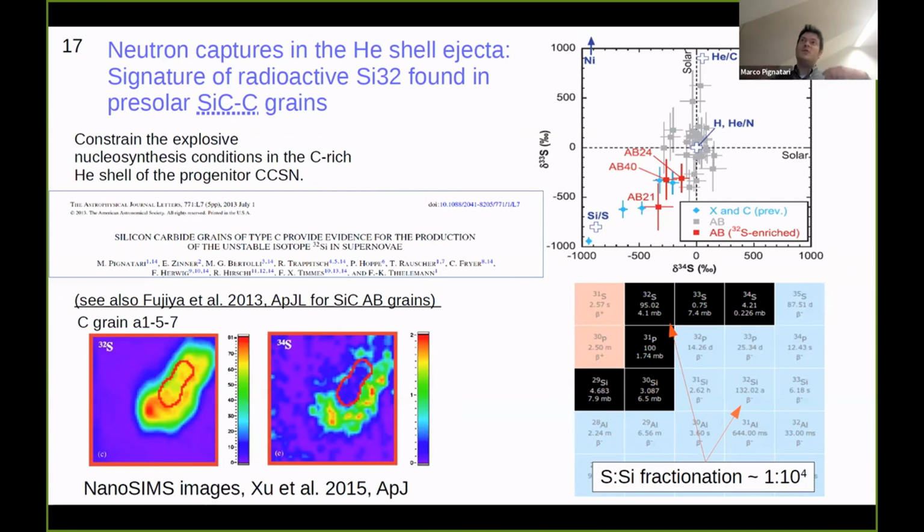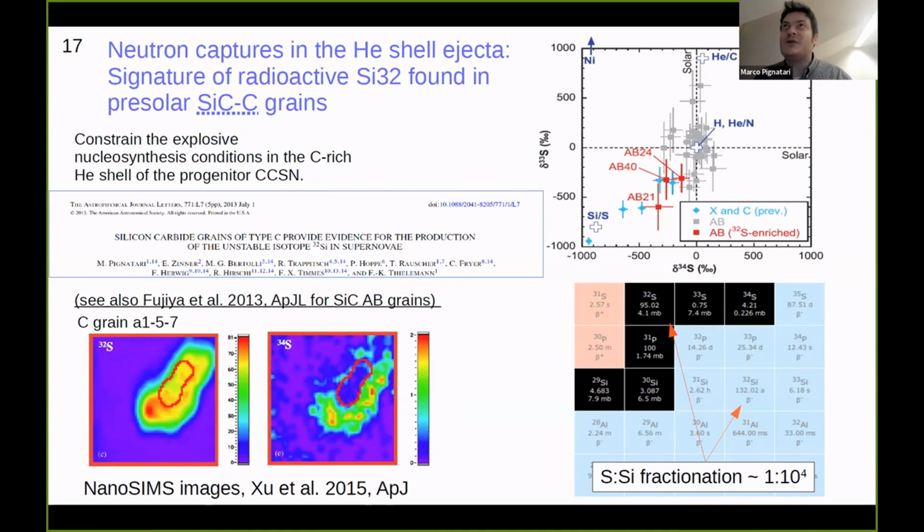So when the grains form after the explosion, a few years after, silicon-32 will still be silicon-32 and will condense in silicon carbide grains, as silicon really efficiently and not as sulfur. So this is why we expect to see the strong enhancement in sulfur-32.